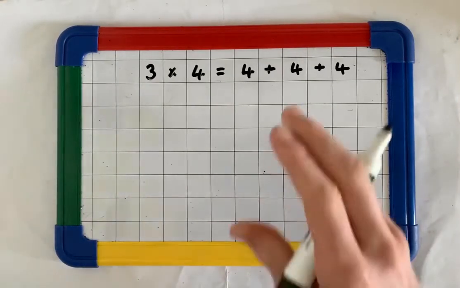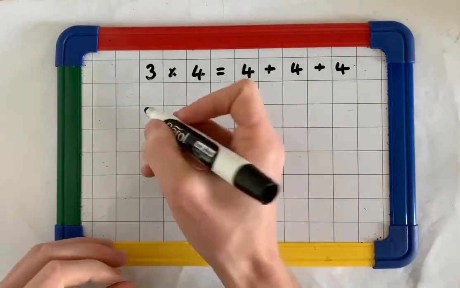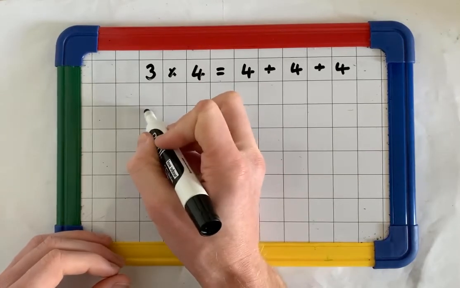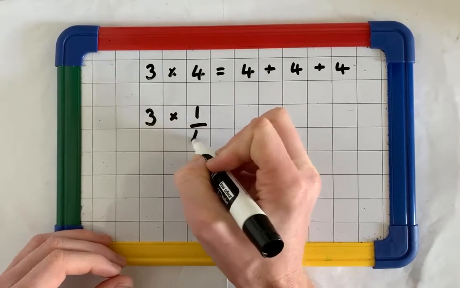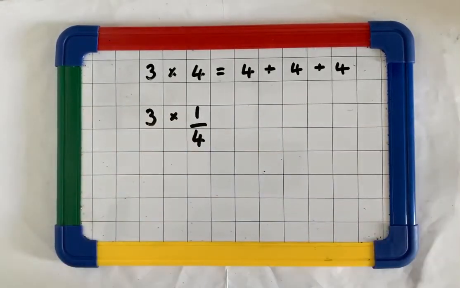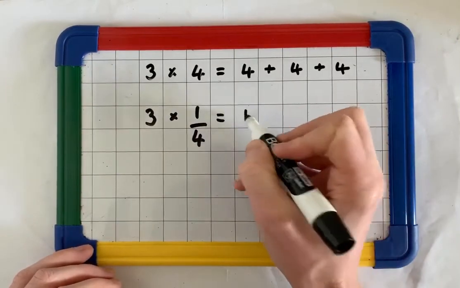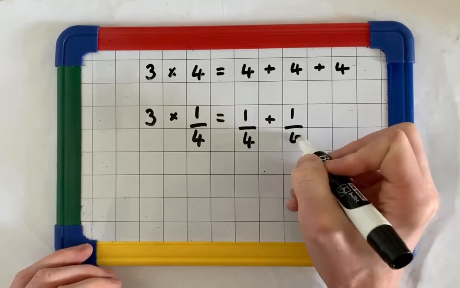Now, if we leave that there and we look at taking our fraction and doing 3 times a quarter, we can say that's a quarter added 3 times.